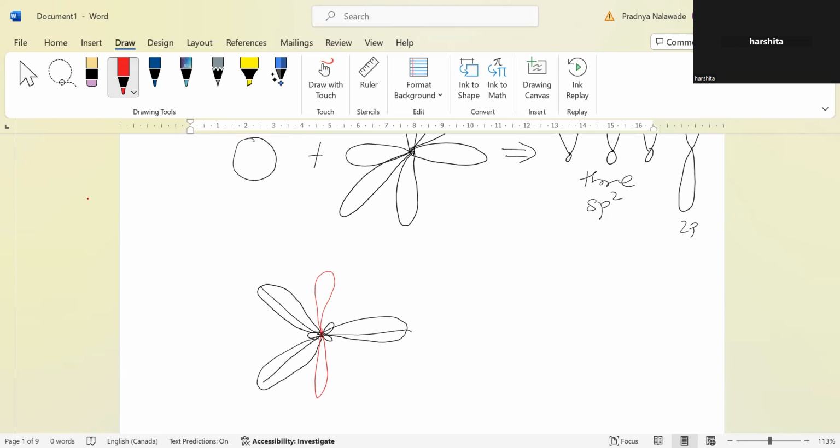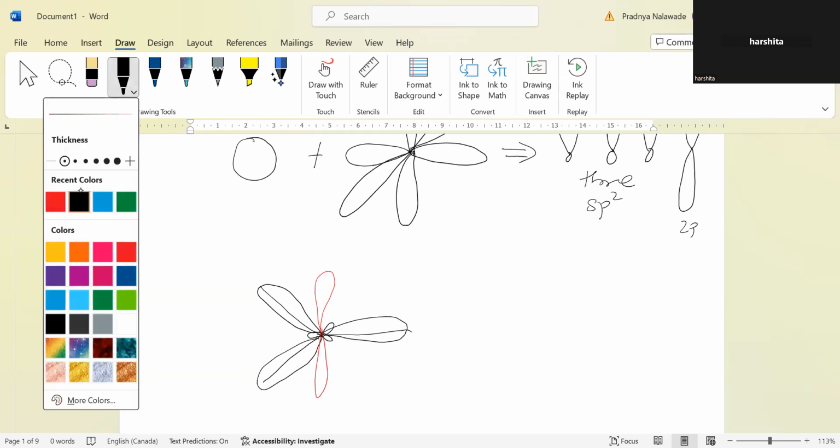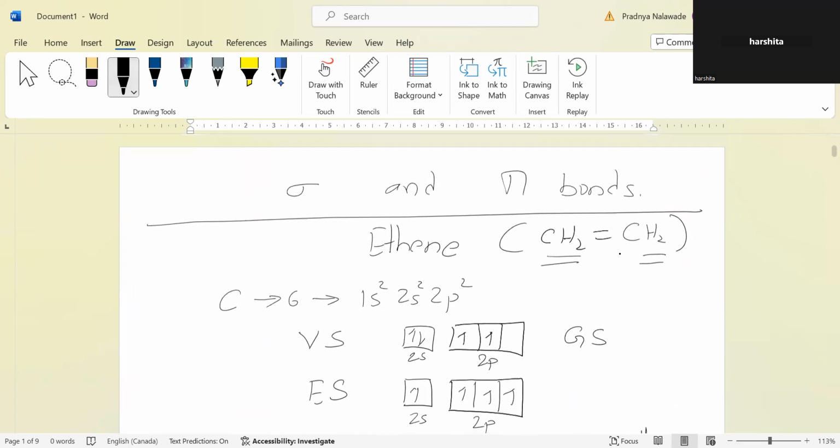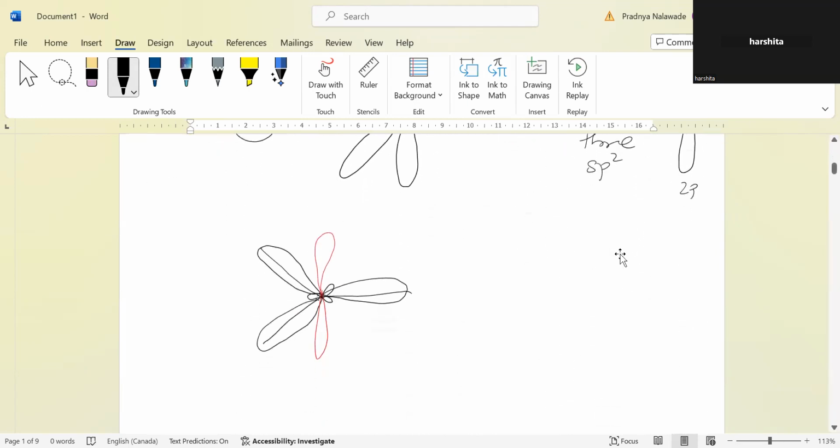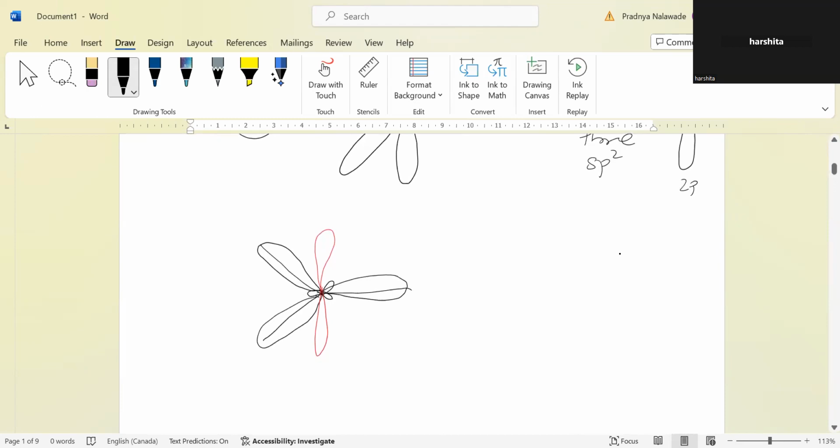Okay. Now, if you check the structure of ethene, we have two CH2s, right? So the other carbon also undergoes the same hybridization, and we have three sp2 hybrid orbitals, right? And we have a pure p orbital.